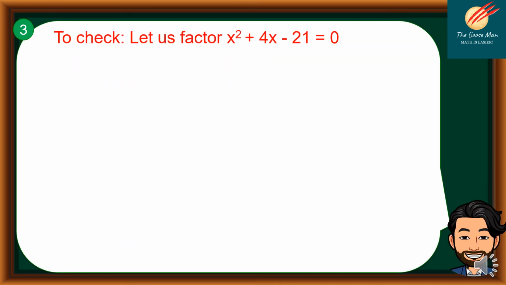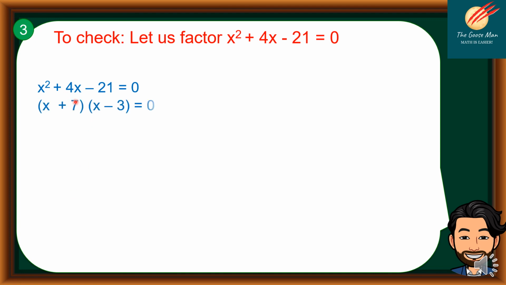Now to check, let us factor x squared plus 4x minus 21 equals 0. Take note that I will use the factoring technique. I'll look for the factors of negative 21 such that the sum is equal to 4. What are those numbers?